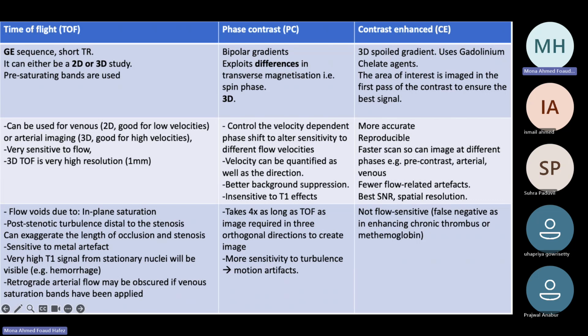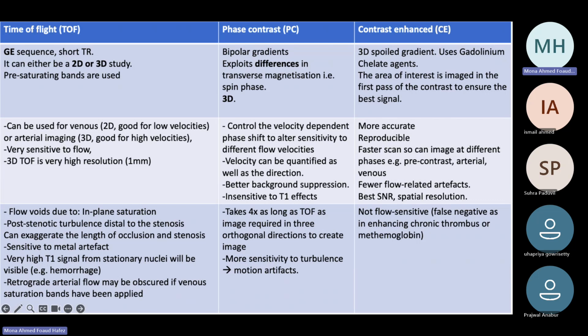Time of flight is a gradient echo sequence. It uses multiple short TRs, as we said. It can be either 2D or 3D, and pre-saturation saturating bands are applied to reduce the signal from blood flowing into the imaging field from a certain direction.